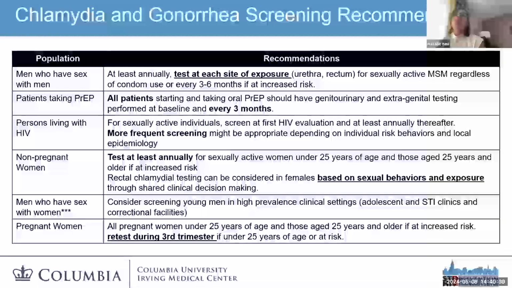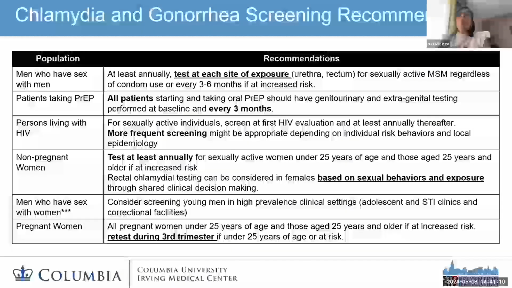In most situations, however, they have expanded the screening to every 3 to 6 months because someone who has the sexual history that you just got is probably at increased risk. So you could screen somebody at least every 3 to 6 months. That's the same recommendation that is given for those who are taking pre-exposure prophylaxis to prevent HIV. Very similar to what we're also offering for those with HIV.